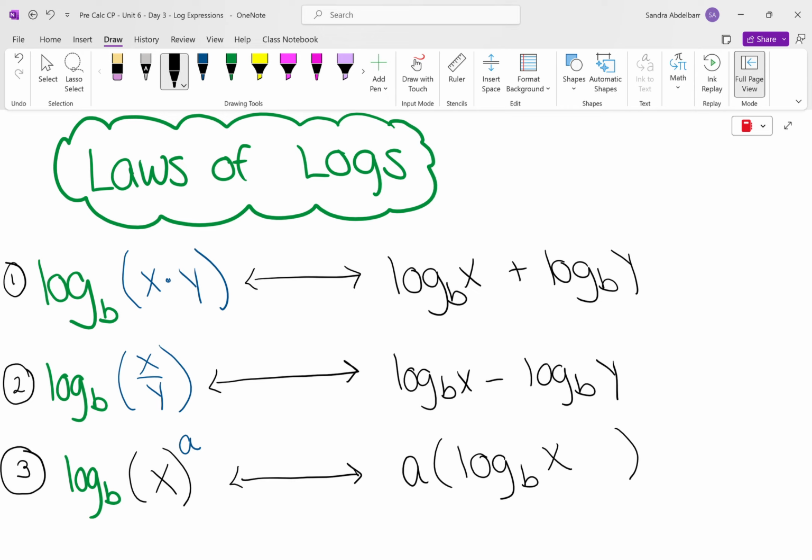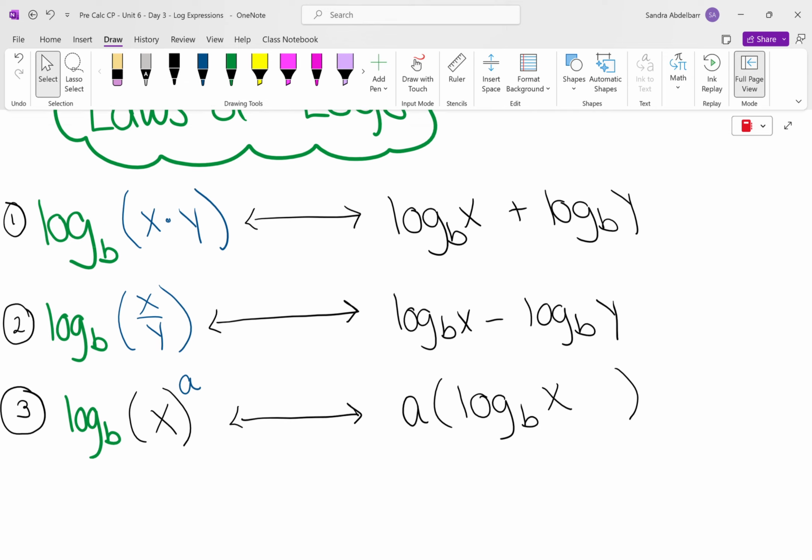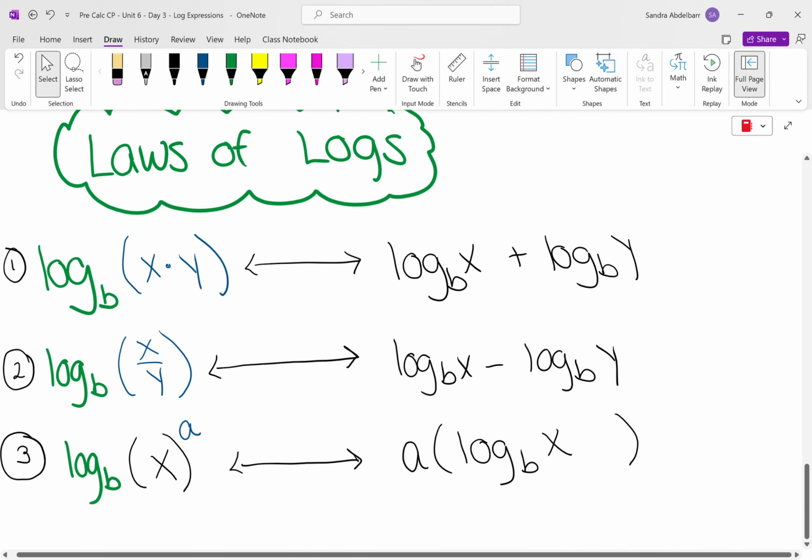So those are our rules. All right, I'll let you write it all down, then we'll do our next sample problems.